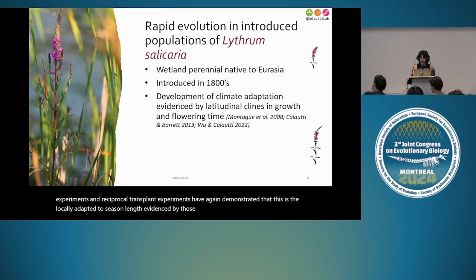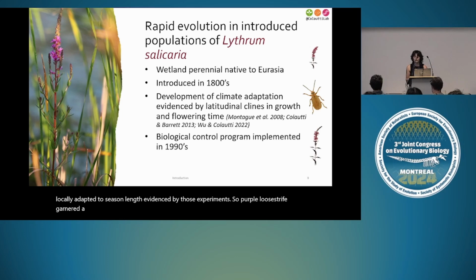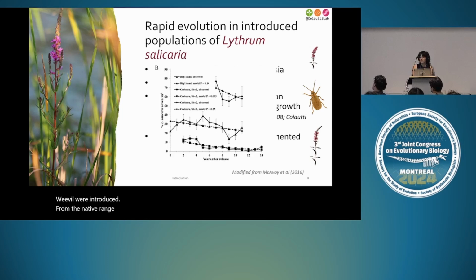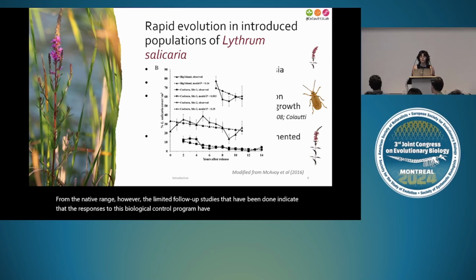So purple loosestrife garnered a reputation as a highly invasive species in the 1990s, and a biological control program was established, such that 2 specialist leaf beetles and 1 weevil were introduced from the native range. However, the limited follow-up studies that have been done indicate that the responses to this biological control program have generally been pretty variable.